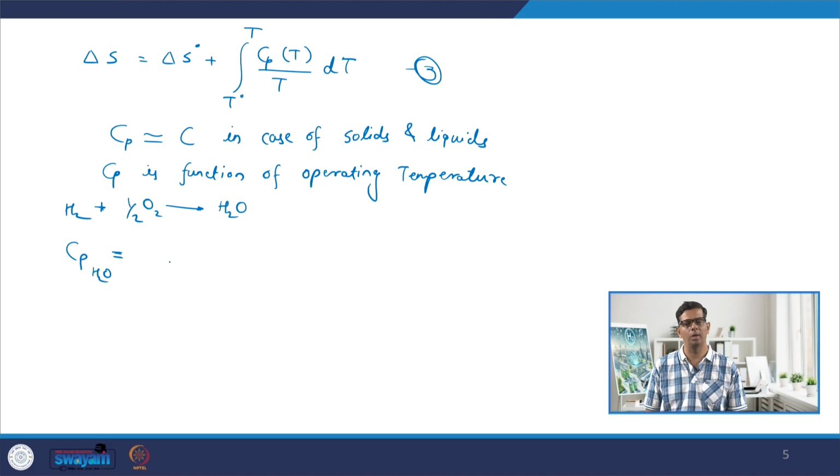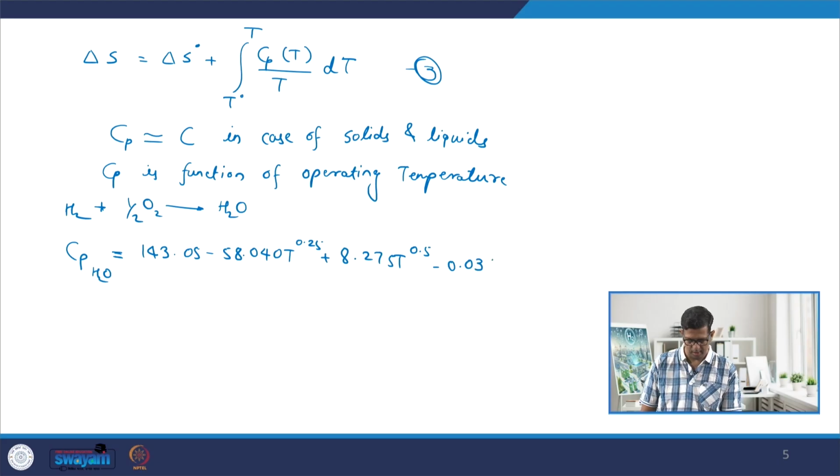So, it is nothing but 143.05 minus 58.040 T to the power 0.25 plus 8.275 T to the power half minus 0.036989 times T. This is in case of water.